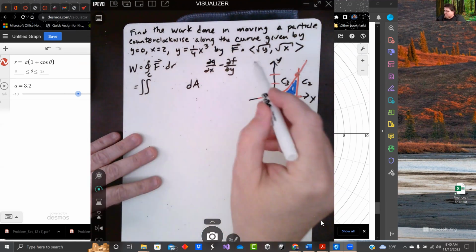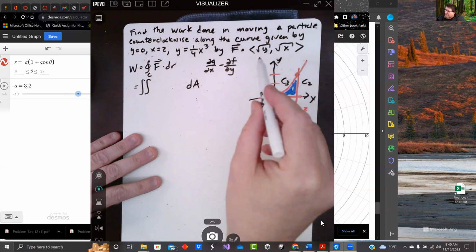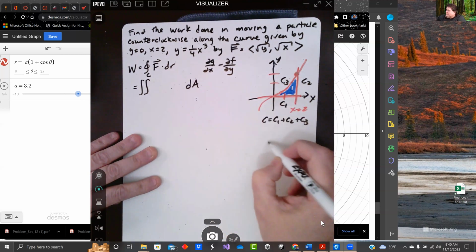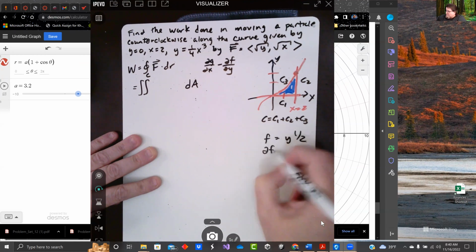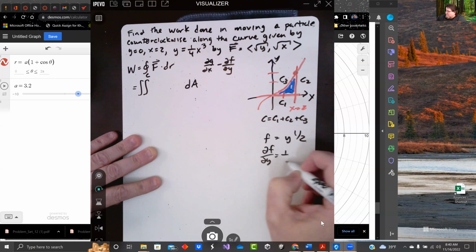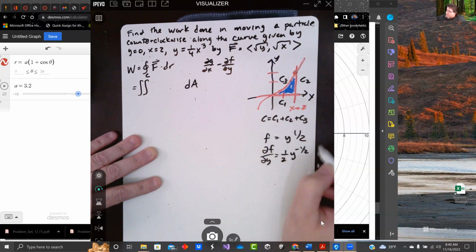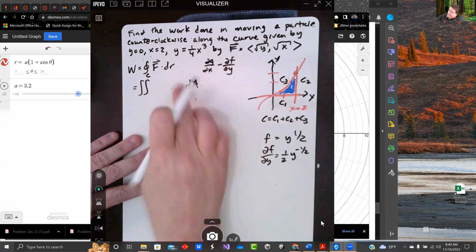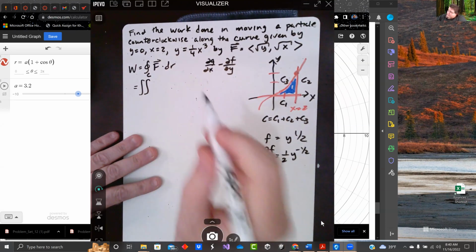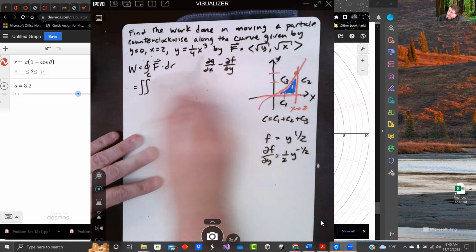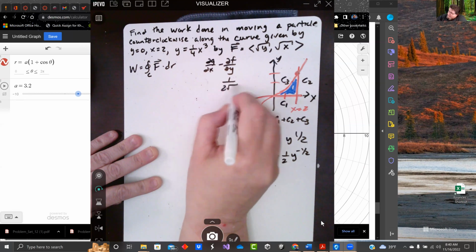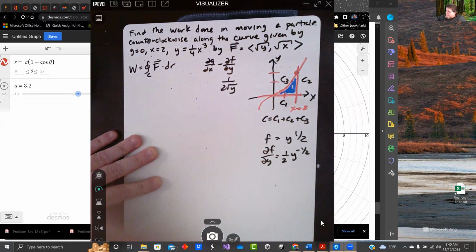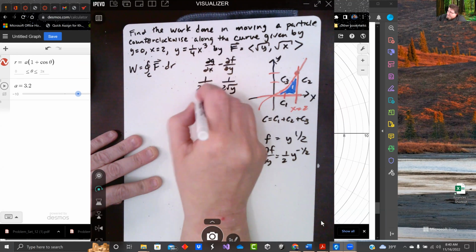So f is square root of y, df/dy would be 1/2 root y. So this is 1 over 2 root y. And dg/dx must be 1 over 2 root x.